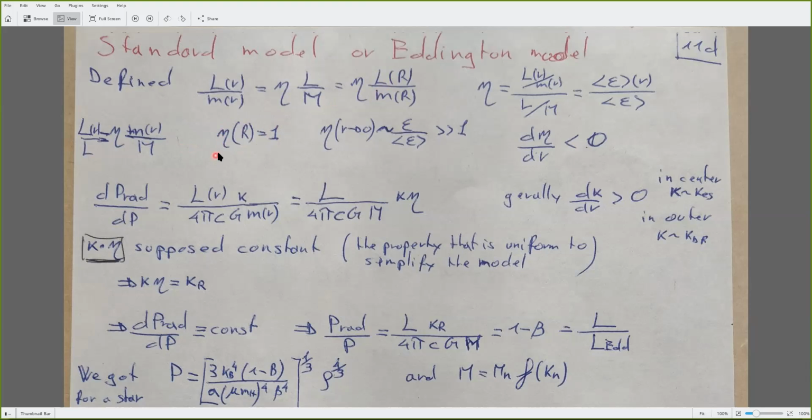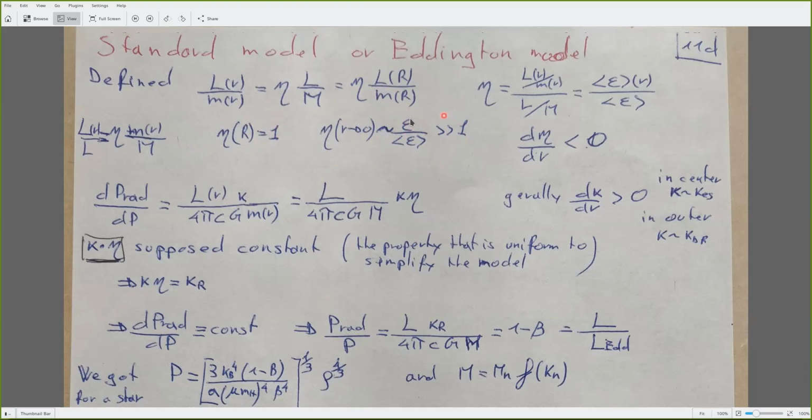For this reason, we can assume that eta on the surface is 1, while at the center it is just epsilon, the production rate of the nuclear reaction, divided by the mean, and this is obviously bigger than 1. We saw this epsilon is more or less 20 for the sun.